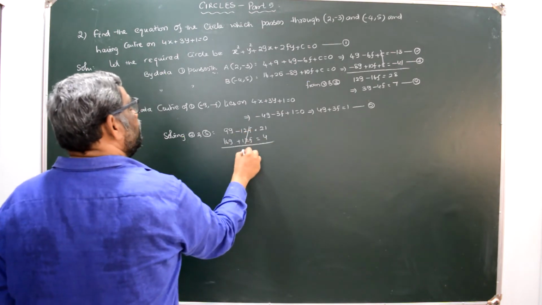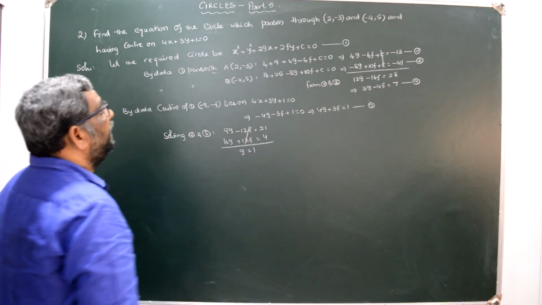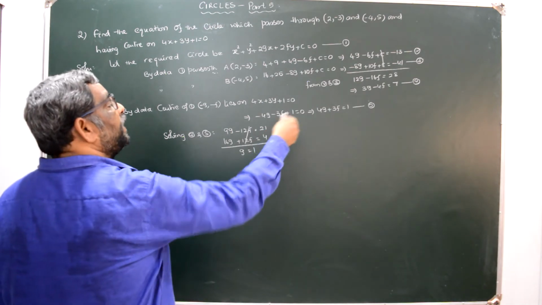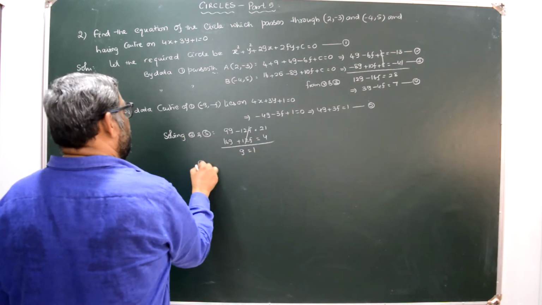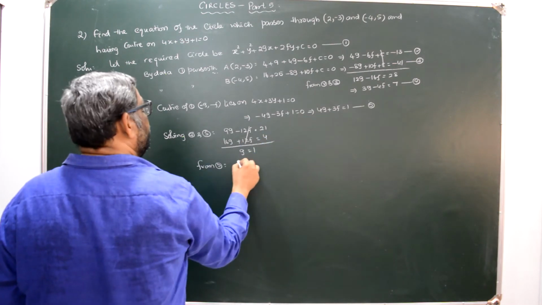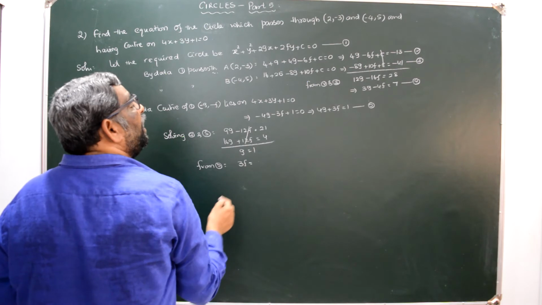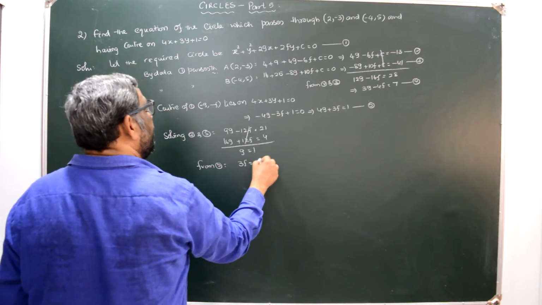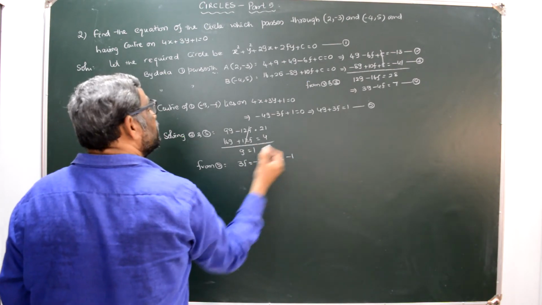Add it. g is equal to 1. You can substitute somewhere. From 5, 4 plus 3f is equal to 1, so 3f is equal to 1 minus 4, that is minus 3, f is equal to minus 1.